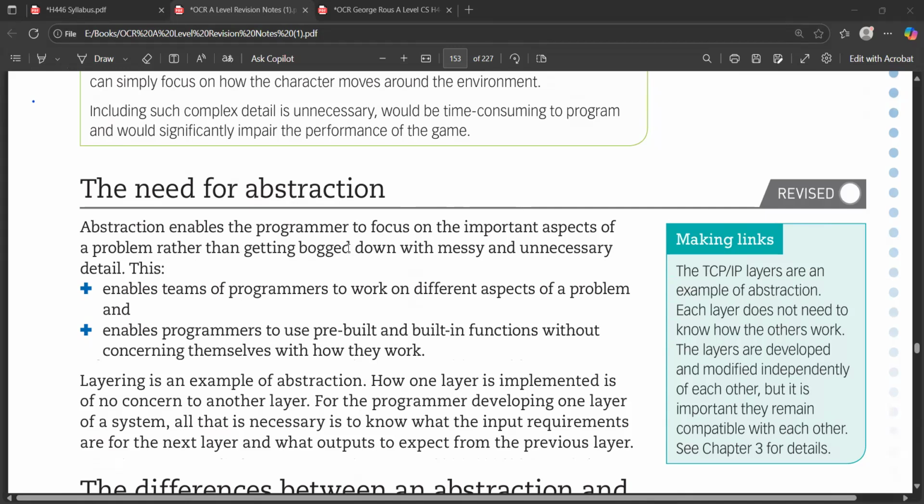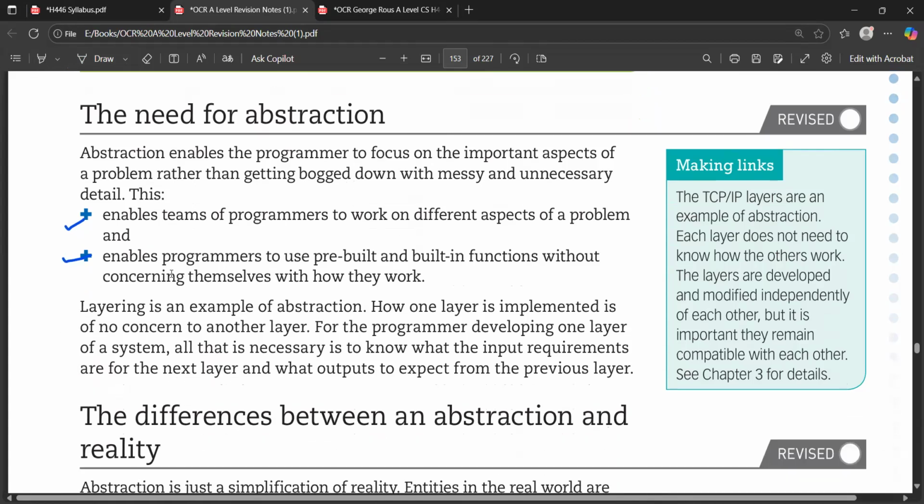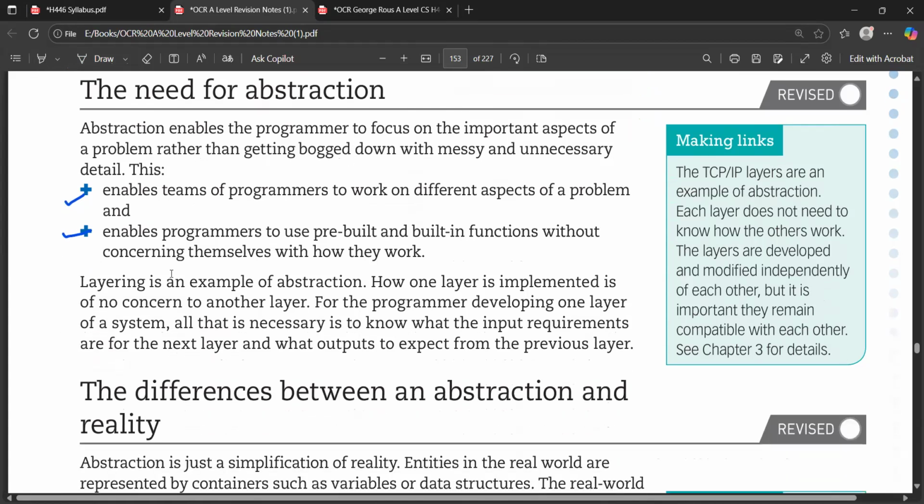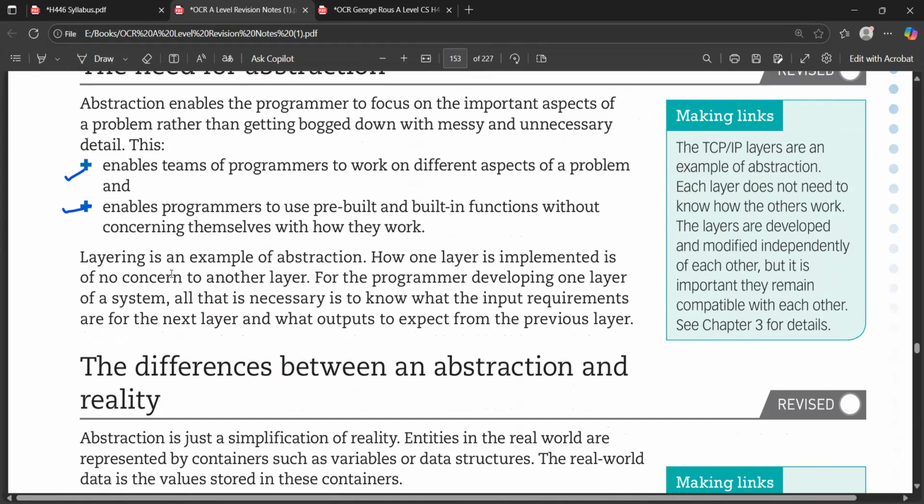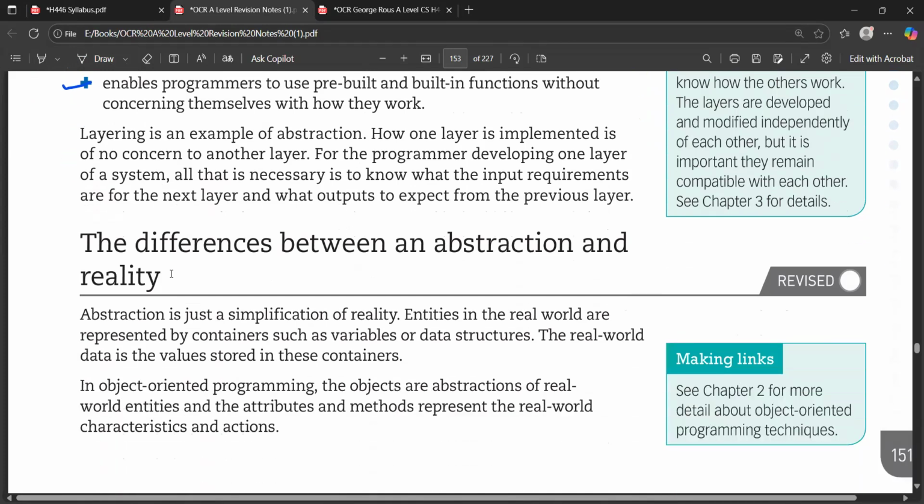It enables a team of programmers to work on different aspects of a problem at the same time, and it also enables programmers to use pre-built and built-in functions without considering how they work. So layering is an example of abstraction. It's like how one layer is implemented on another. Programmers that are developing one layer of a whole system need to know what the input requirement is and what the next layers are.